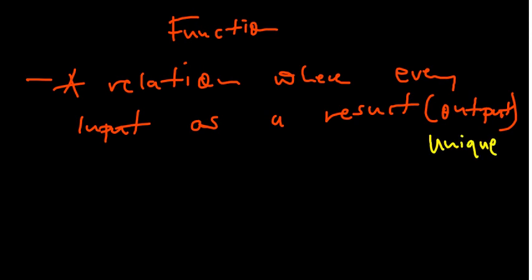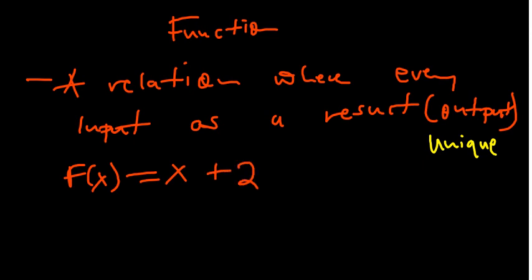What that means is, in cases where you have, let's say, A, and it's giving you different results, that is not a function. You expect that A should only be able to give you one result. An example of a function is if I give you the equation x plus 2.